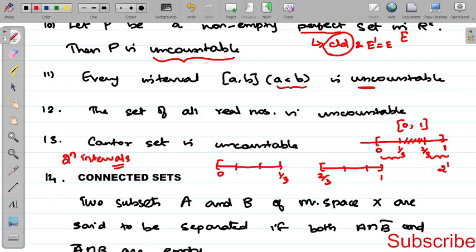Again, leaving the middle interval of each, you get 1, 2, 3, 4, so 2^2. So the Cantor set is a union of 2^n intervals. So the Cantor set is uncountable. Similarly, we can say the closed interval [0, 1] is uncountable.